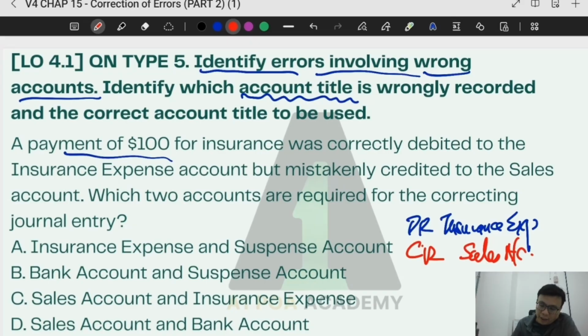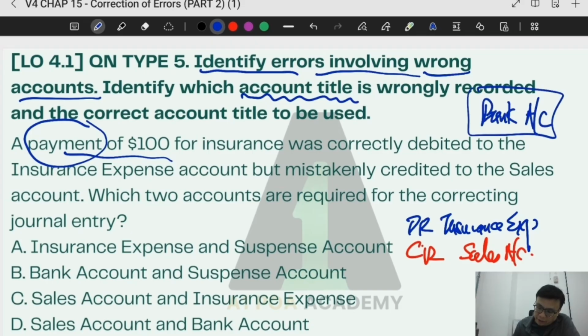Over here, we can see that the keyword is payment. So if it is payment, definitely bank account will be involved. And we know that since crediting to the sales account is wrong, these two accounts will be involved as part of the correction.